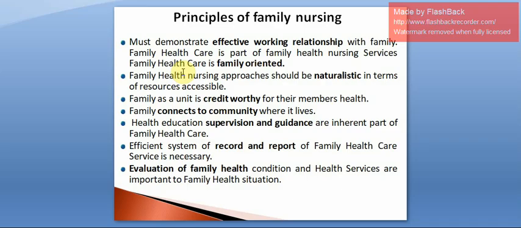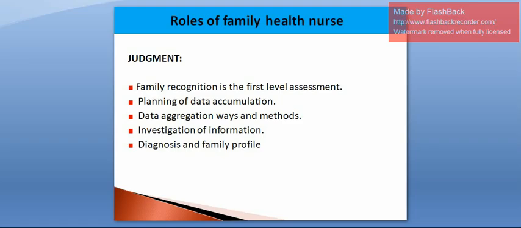See that you are providing education to the family members, good supervision and guidance is there. You are connecting well with the community. You are able to supervise or guide each individual, and whatever care you have given you will have to record and report it. That is, adequate documentation is very essential in family healthcare nursing. And finally you will have to evaluate the care.